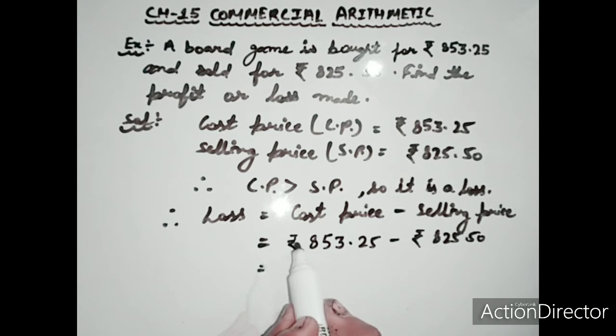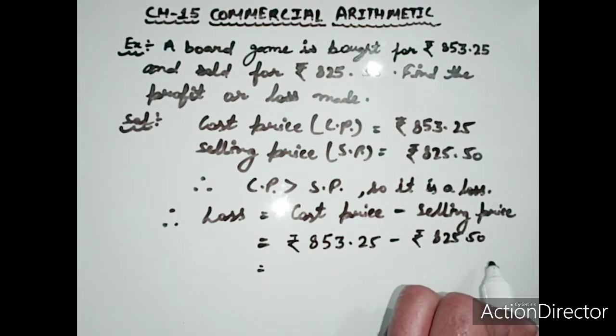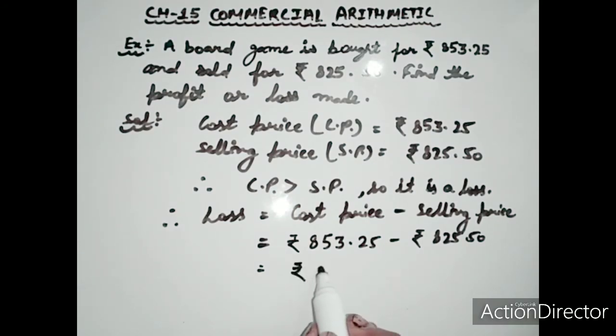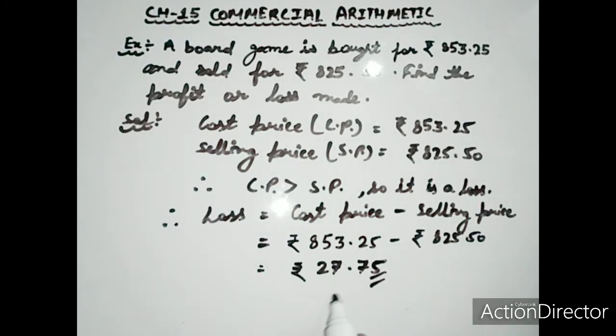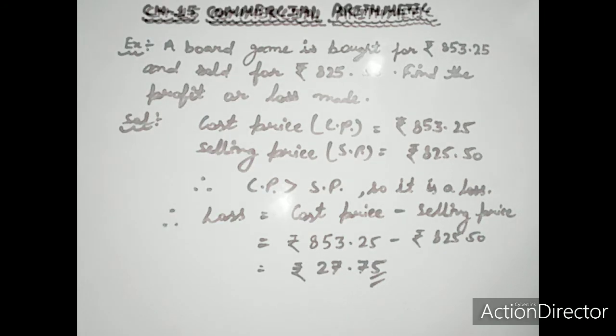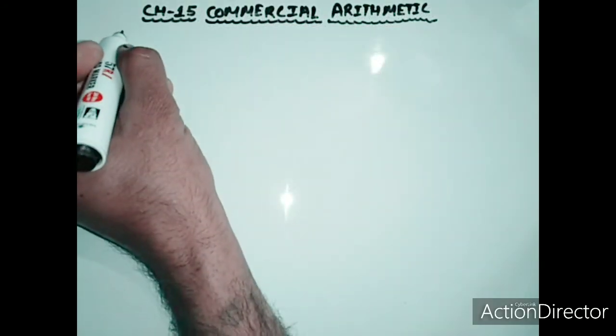So here when we subtract rupees 825.50 from rupees 853.25, we get 27.75 rupees. Loss made rupees 27.75. Now the next example.